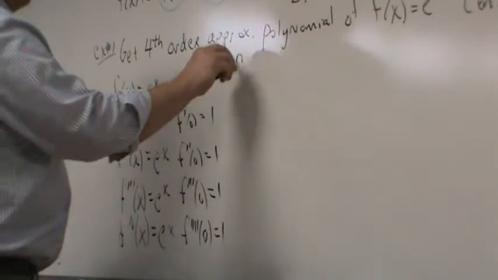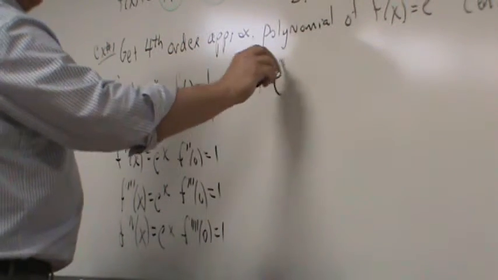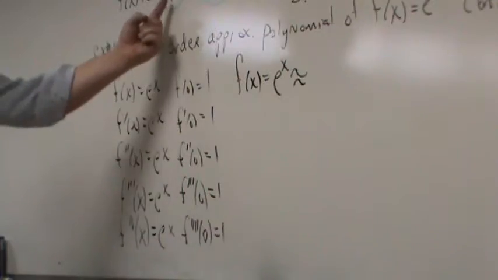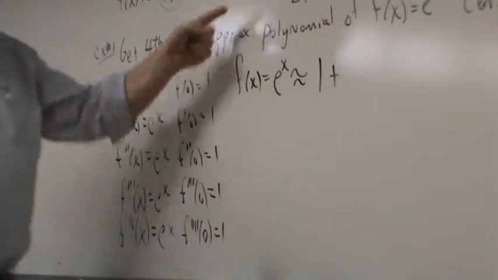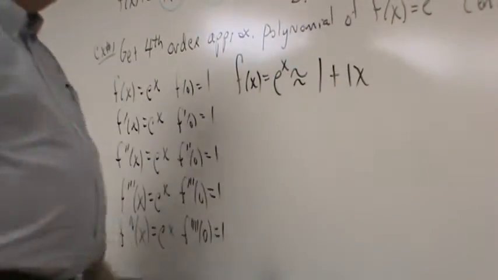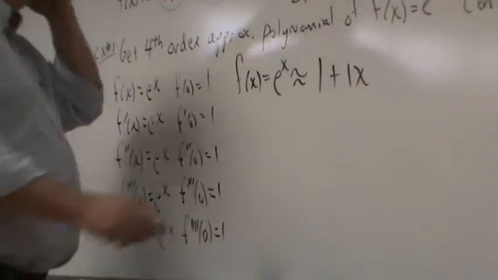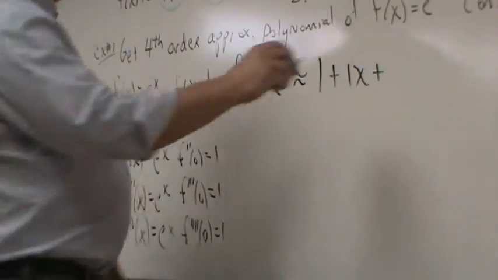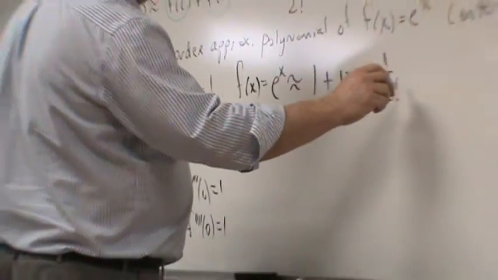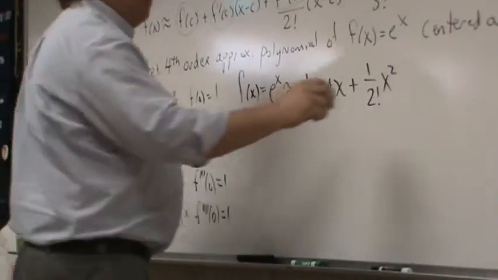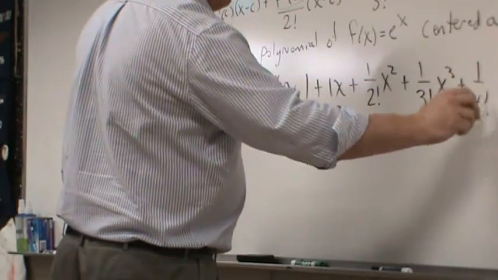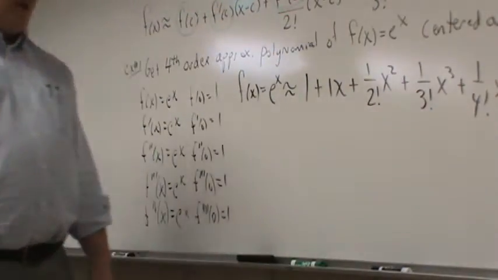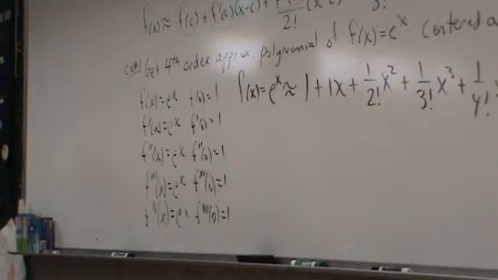And so I can say that f of x, which is equal to e to the x, is approximately equal to 1 plus 1 times x, because my c is 0, plus 1 over 2 factorial times x squared, plus 1 over 3 factorial times x to the third, plus 1 over 4 factorial times x to the fourth. And there it is. That's my approximating polynomial. That'll get me a real good approximation in a neighborhood about 0, yes?